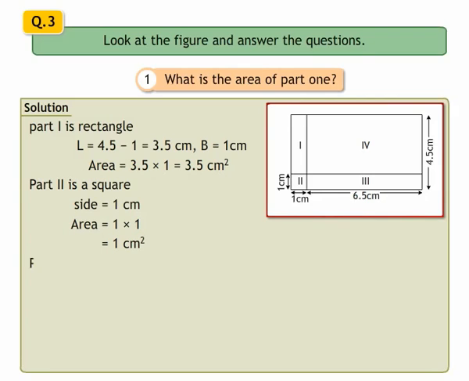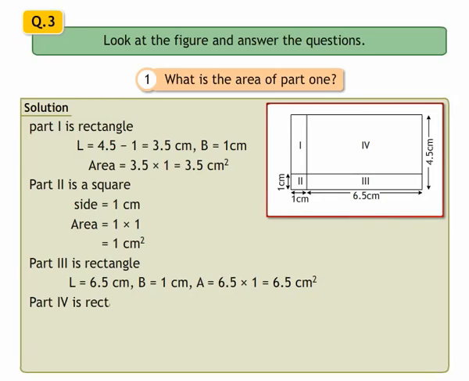Part 3 is a rectangle. Length is 6.5 centimeters. Breadth is 1 centimeter. Area is 6.5 into 1 equal to 6.5 square centimeters. Part 4 is rectangle.